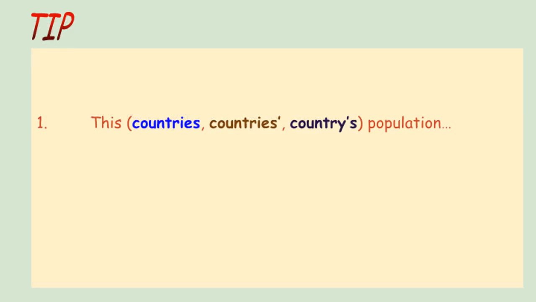So, if you had to decide which noun formation should be placed in this statement, this is how you would make that decision. Our statement reads, this country's population, and it has three formations of the noun country. It has the regular plural form, the possessive plural form, and the possessive singular form.